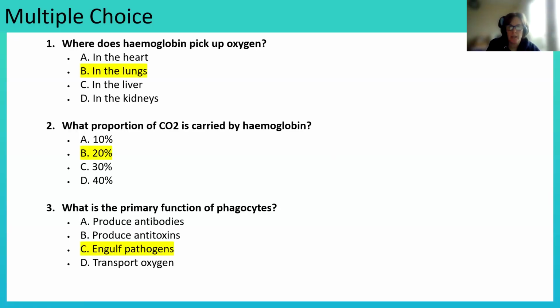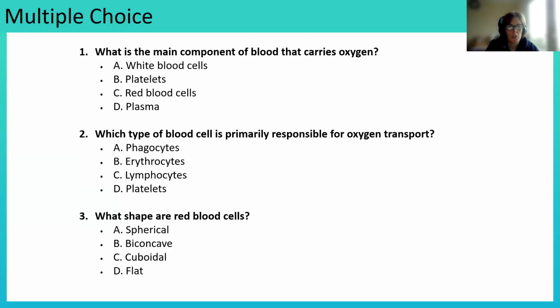So hemoglobin's picking up the oxygen in the lungs, but 20% of CO2 is carried by hemoglobin, but not competing with the oxygen. It is on the molecule, but nothing significant to worry about. The oxygen binds to the ion, so no massive competition. What's the main component of blood that carries the oxygen? What type of blood cell is primarily responsible for oxygen transport? Have you remembered the proper names there for the blood cells? That's a tricky one.